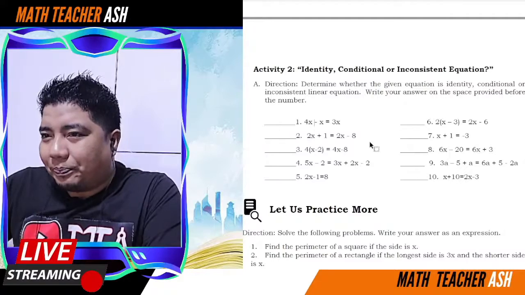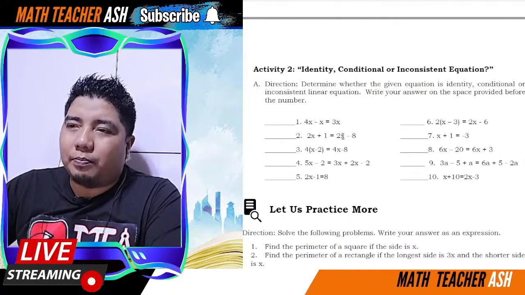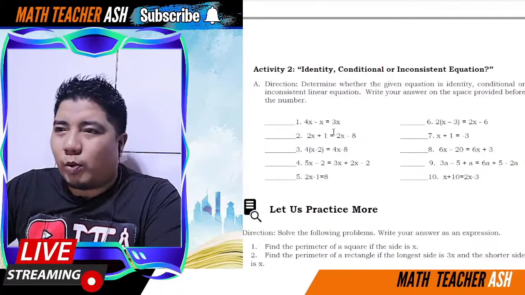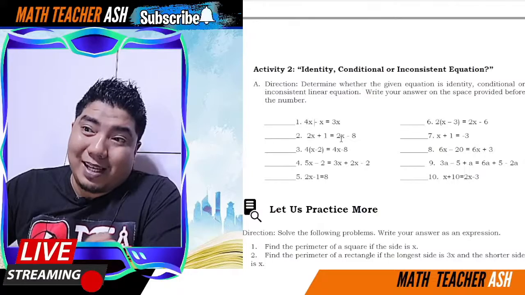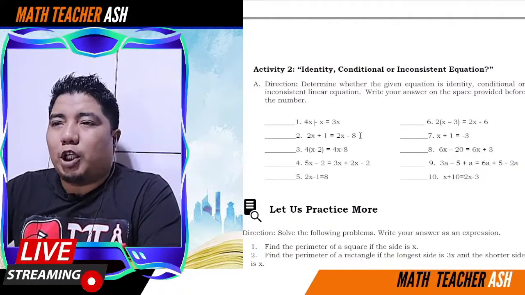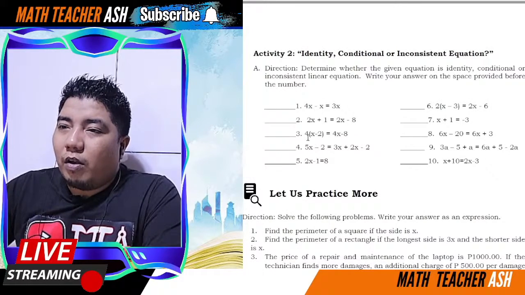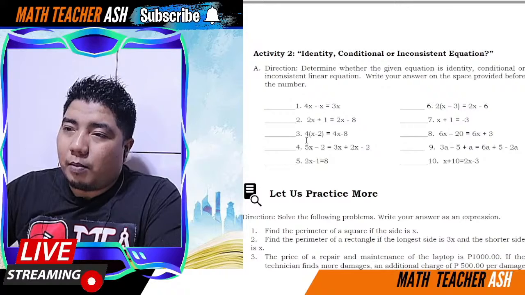How about this one? 2x plus 1 is equal to 2x minus 8. When you simplify this one, so if we transpose 2x here, magiging 2x minus 2x yun, magiging 0 na. So therefore, this is an inconsistent equation. How about this one? 4x minus 2 and 4x minus 2, lipat dito.